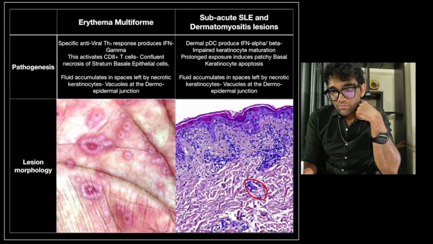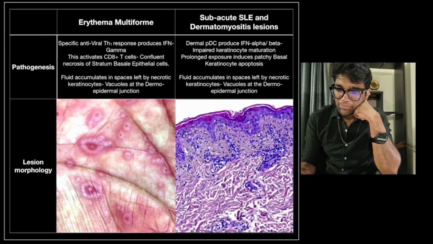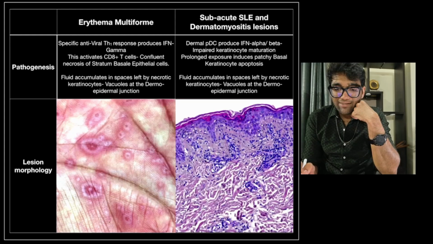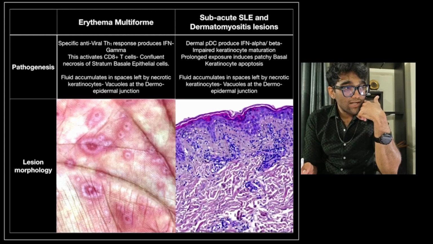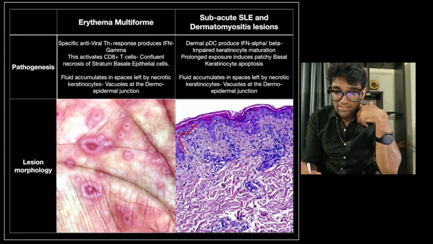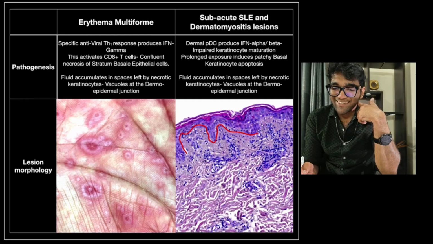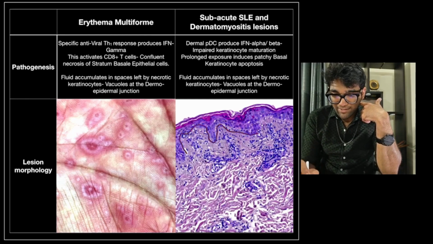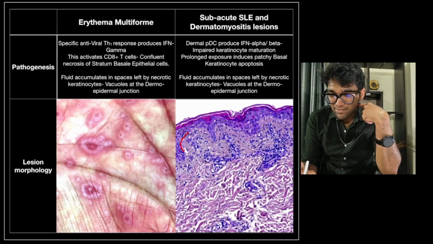You have some subepidermal lymphocytic infiltrate, but not very significant. You wouldn't call it lichenoid. Then also I can't decide where the dermoepidermal junction is. This is not really the dermoepidermal junction. This is technically the dermoepidermal junction, but what you can see is that in parts it is not confluent.